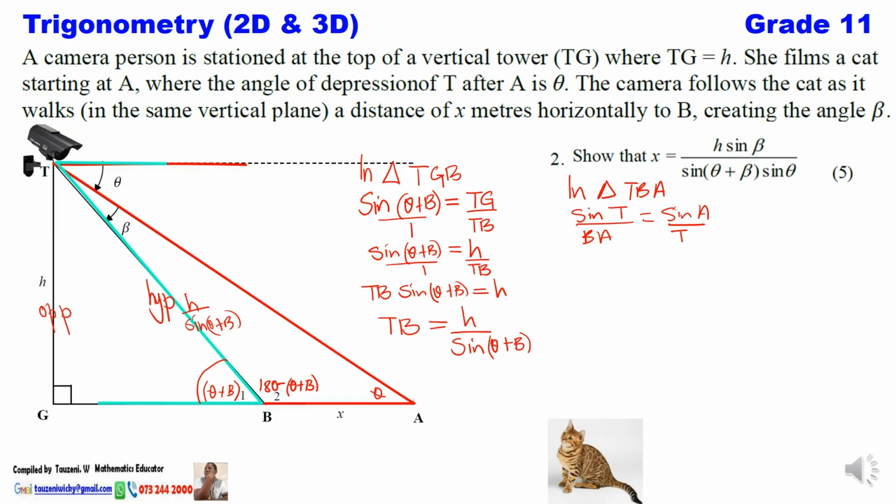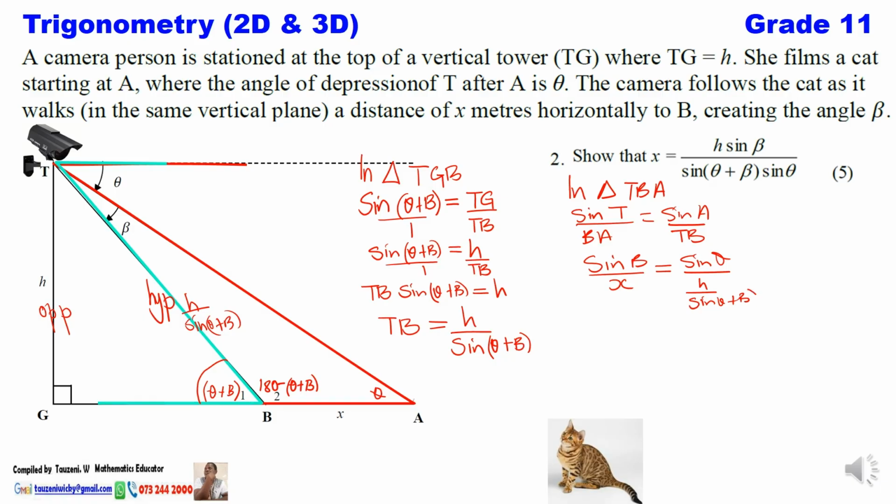This is the sine rule that we are expressing here. Then the sine of T is equal to the sine of beta divided by line BA, which is X. This is equal to the sine of angle A, which is the sine of theta, divided by TB. And TB is a fraction, that's H, divided by the sine of theta plus beta.